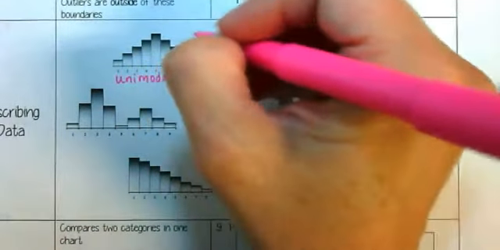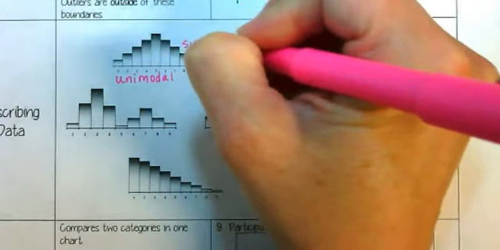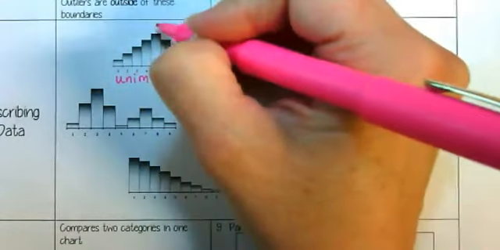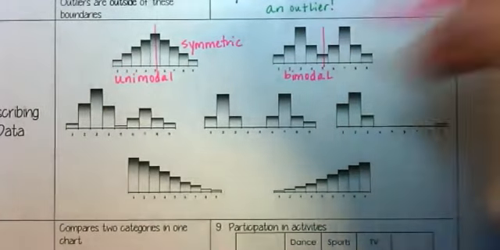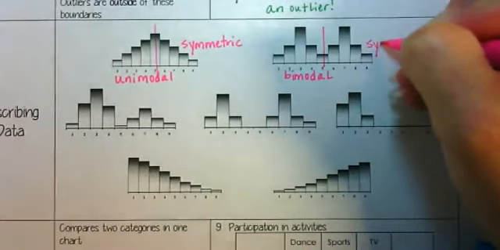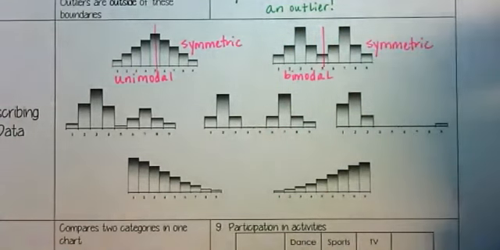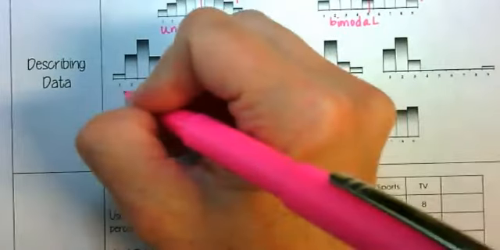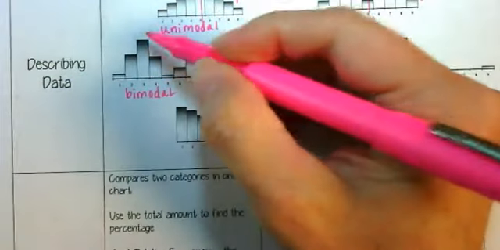We also called this one symmetric, because if we split it right here down the middle, it's a reflection on both sides. Anyways, I would call that one symmetric. This one over here, I would say, is bimodal, because we do have two peaks in the data.